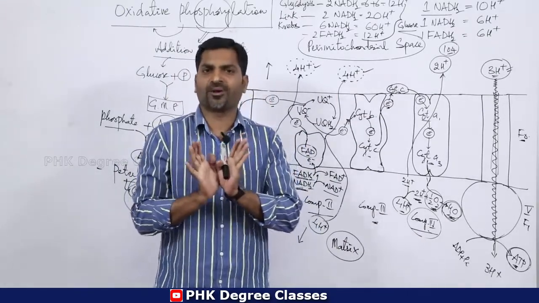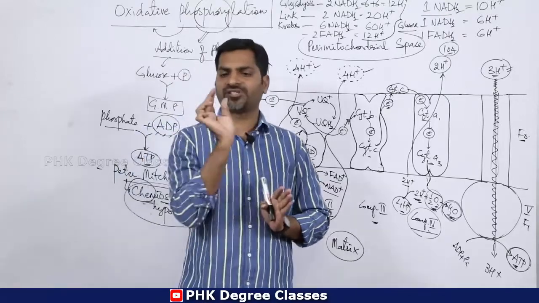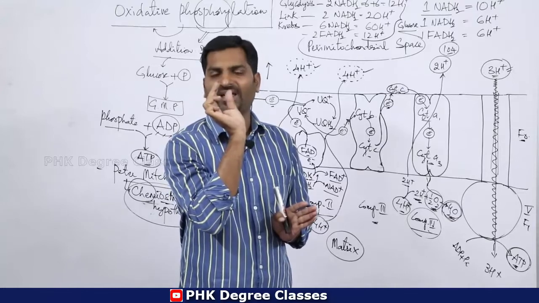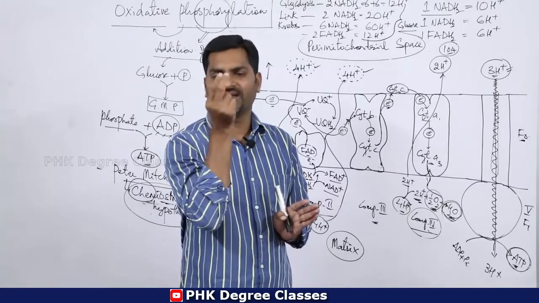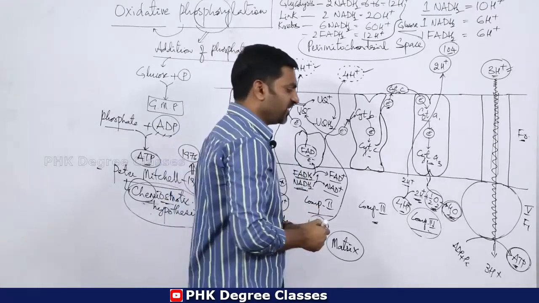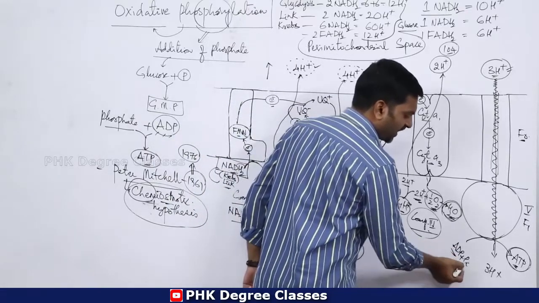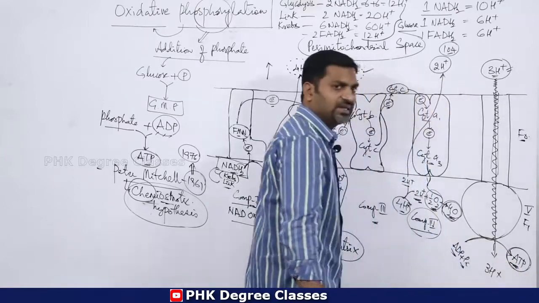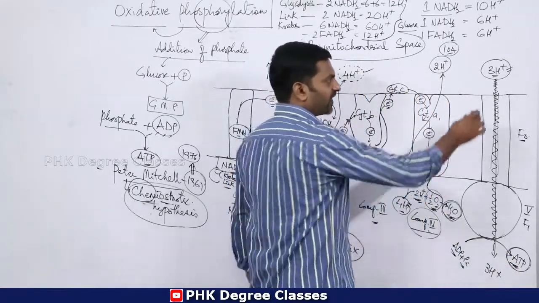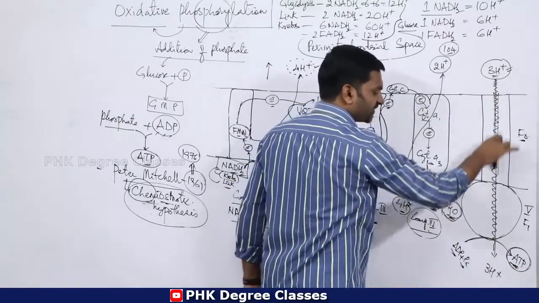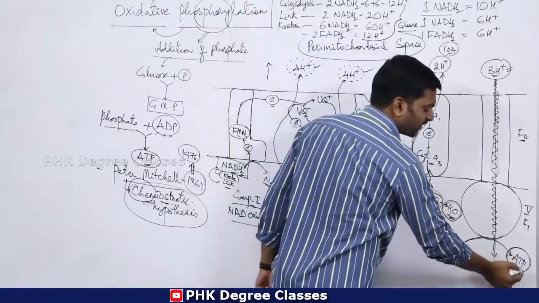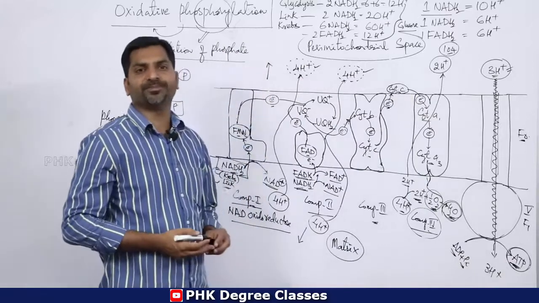Due to that pressure, this head region, or pin-like region, rotates like this. Whenever it rotates, ADP combines with phosphate and one single ATP is formed. For every 3 protons moving from the perimitochondrial space to the matrix, one ATP is formed.